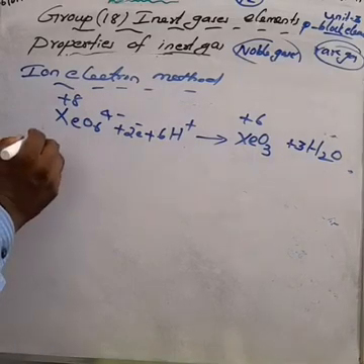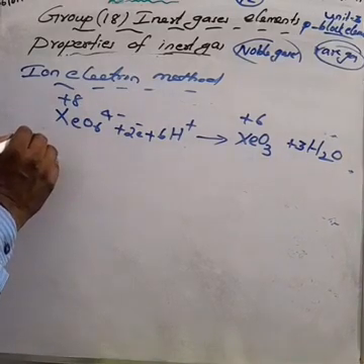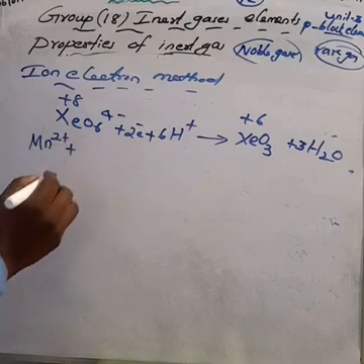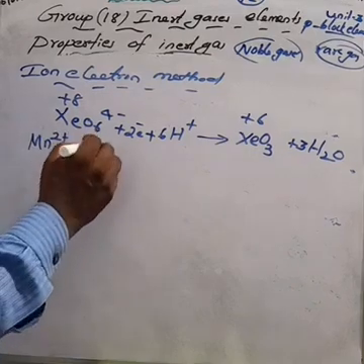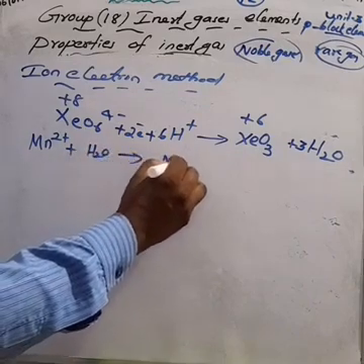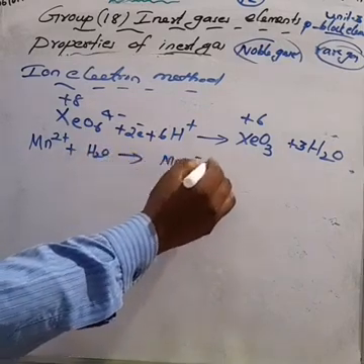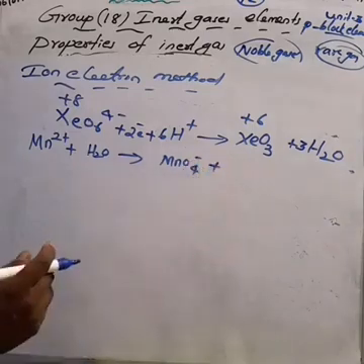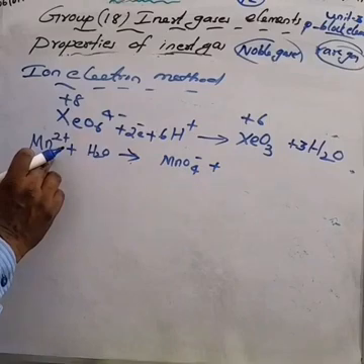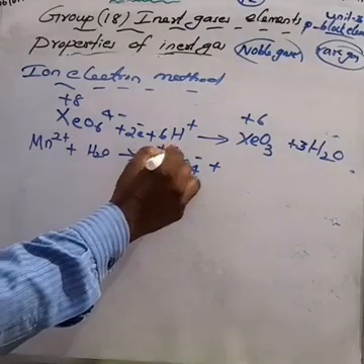First, what happened here means Mn2+ ion reacts with water, H2O, we get MnO4 minus plus. Here Mn2+ is converted into +7 oxidation state, that is MnO4 minus ion.